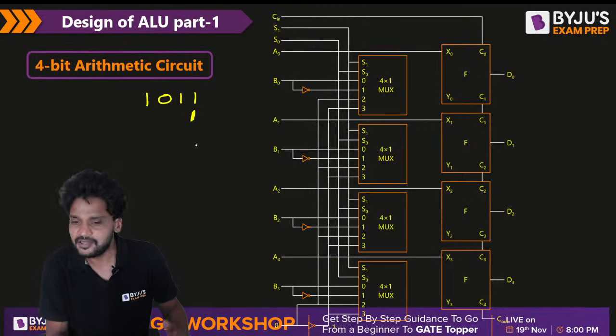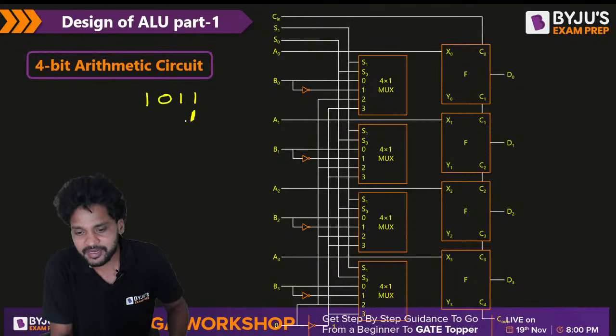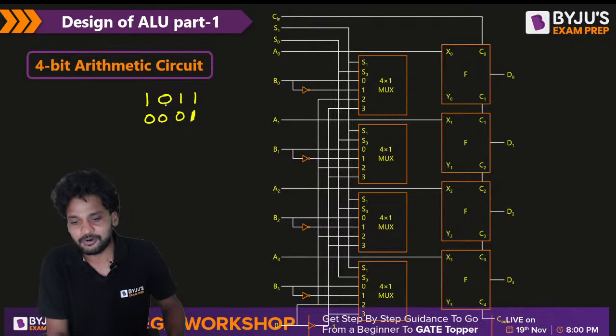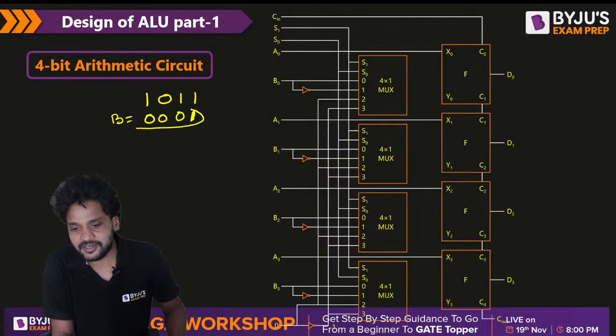Here this 1 will be considered as B. B will be equal to 0001. A is equal to 1011, and a 1 must be subtracted from it.